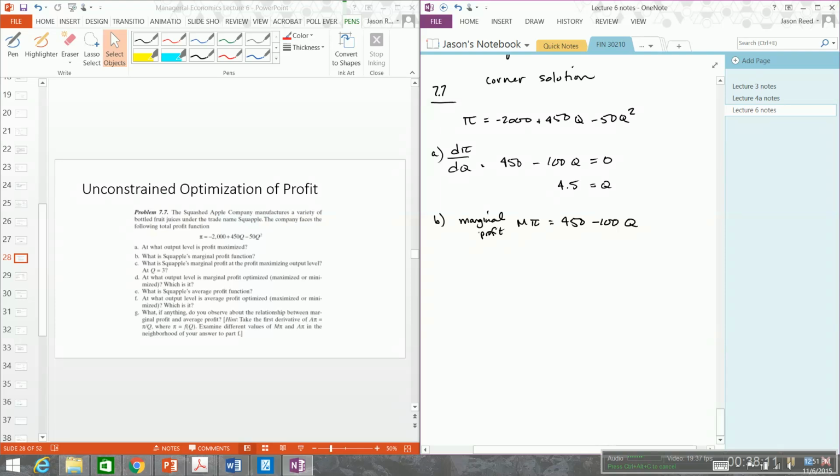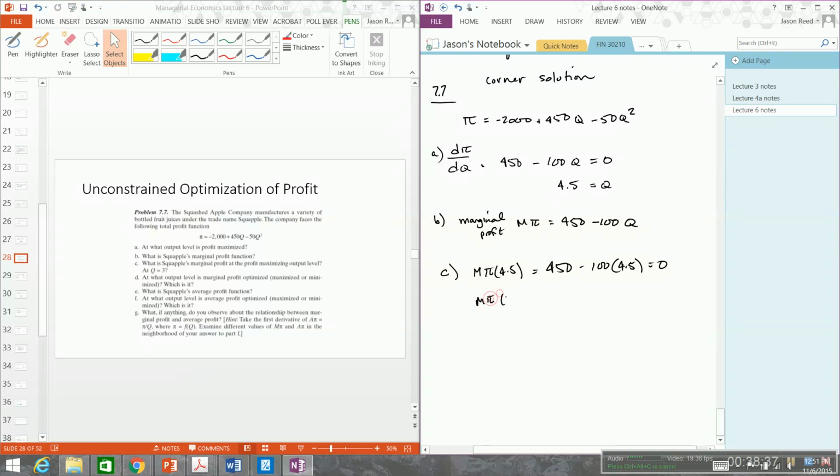Well, this is part C, and we're just going to plug this in. So what is marginal profit at 4.5? Well, we have 450 minus 100 times 4.5, which is equal to 0. And that makes a lot of sense because we've maximized profit. There's no other quantity that's going to give us an additional profit. So the marginal profit should be 0 here.